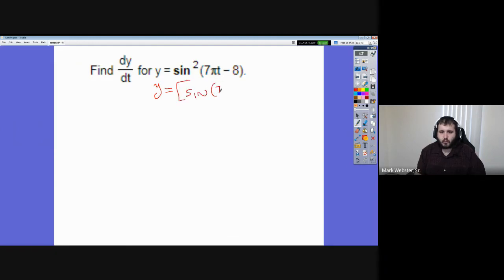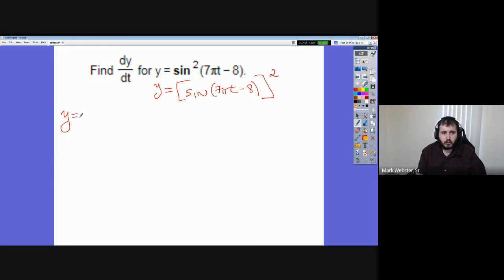Everything makes a lot more sense when it's written like this. Because see, now I see there's an outer function, there's a function in the middle, and then there's an inner function. So what's going to end up happening is I'm going to be doing the chain rule twice, right?